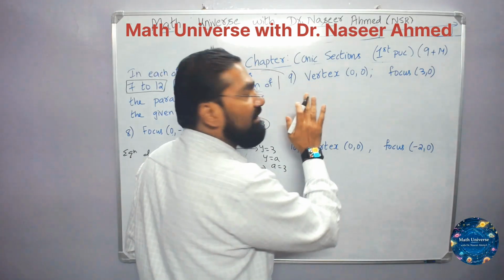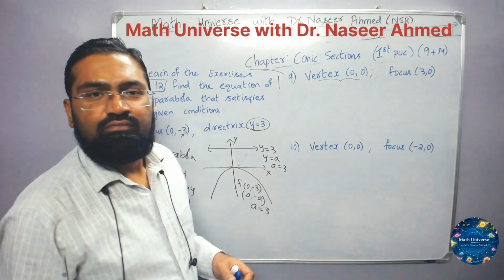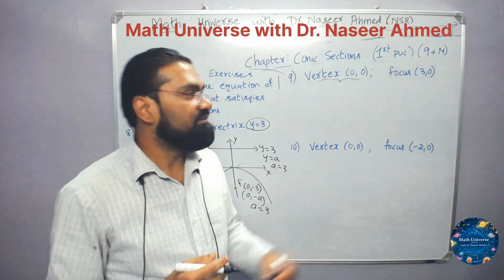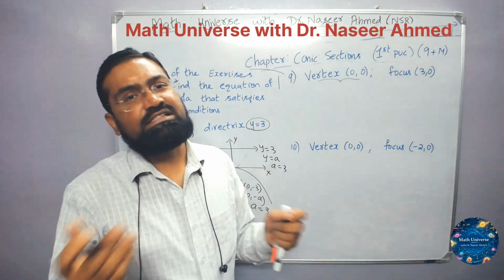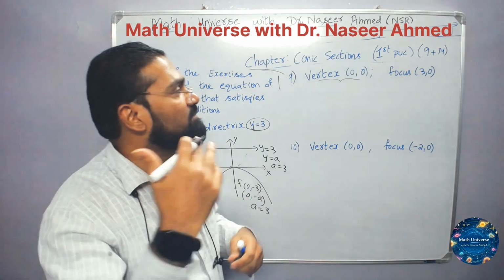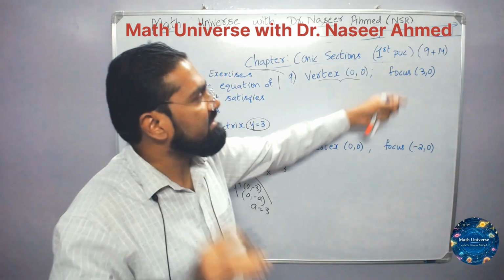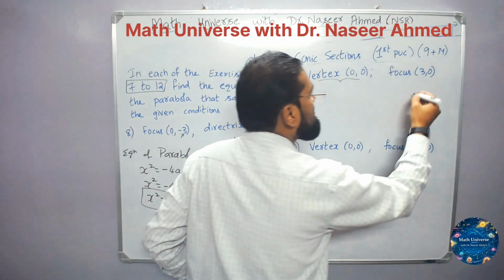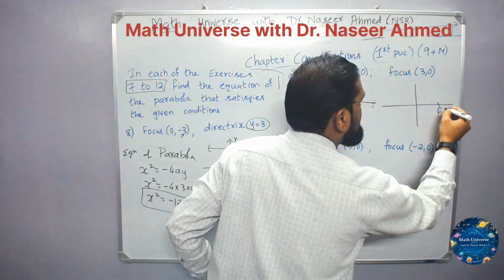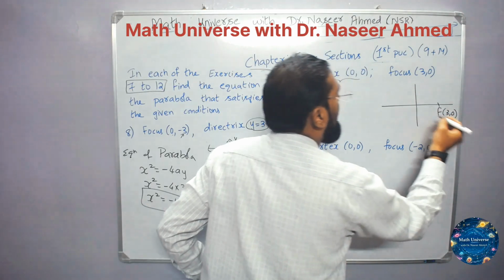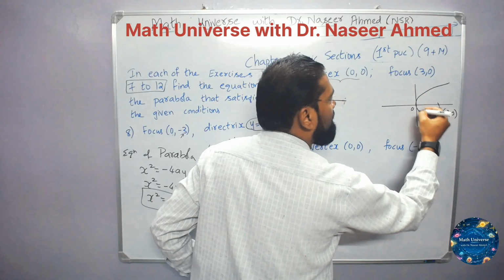I have to find again the equation of parabola. Vertex is (0, 0). Among the four, which one? If I just have this information, among the four, which one? Actually, for all, the vertex is (0, 0). So you want one more piece of information. Focus is (3, 0). So the focus is here, that is (3, 0), and the vertex is here. So my parabola should be of this form.